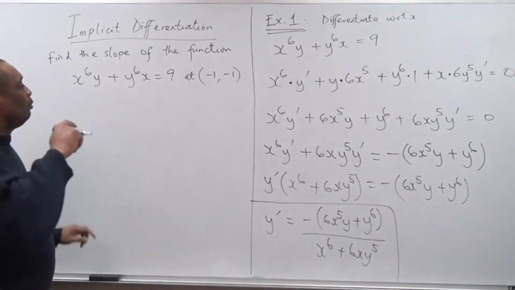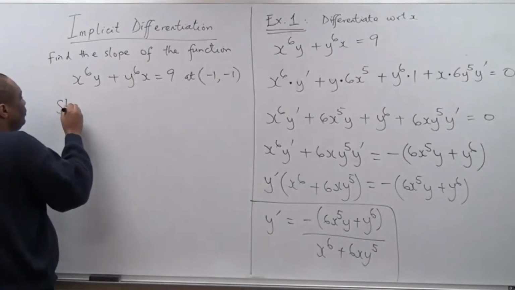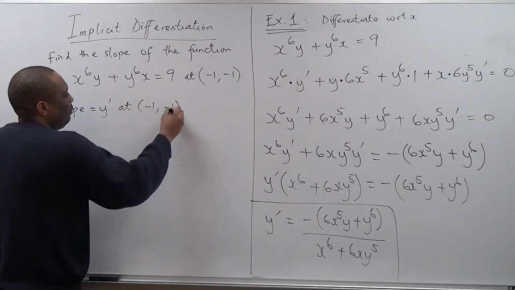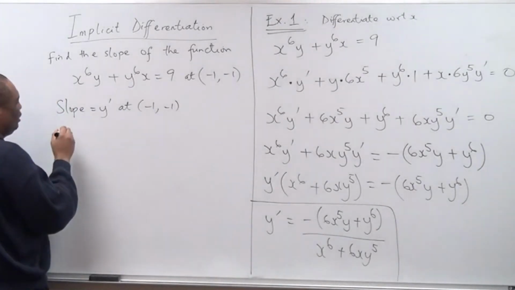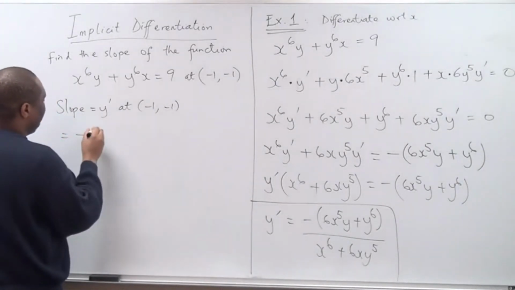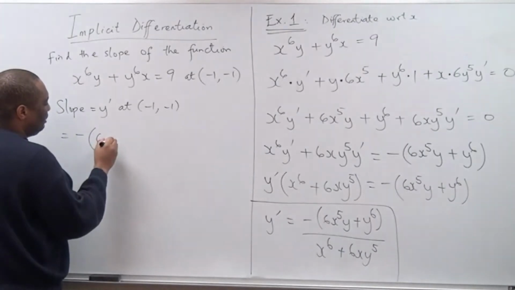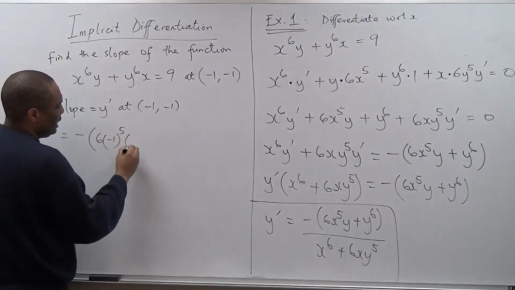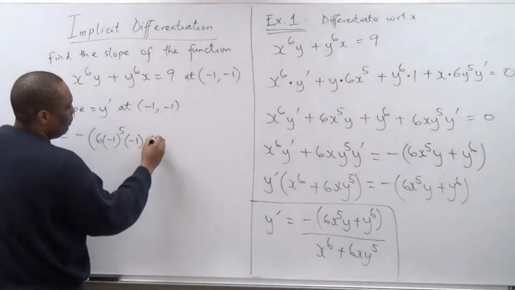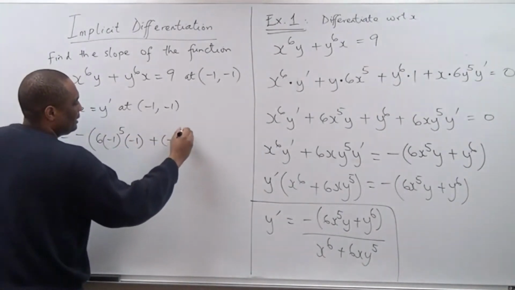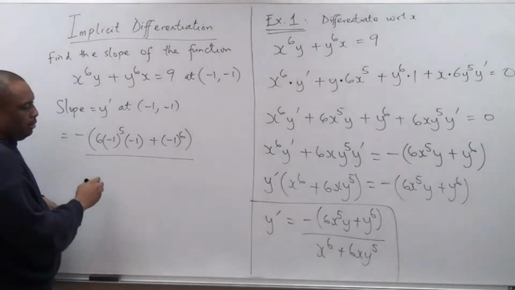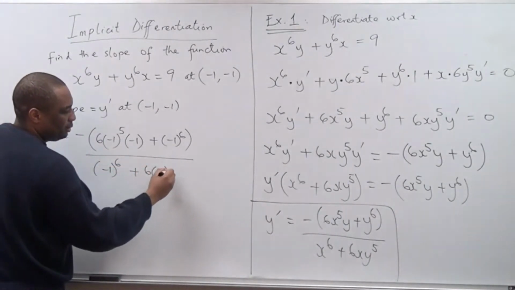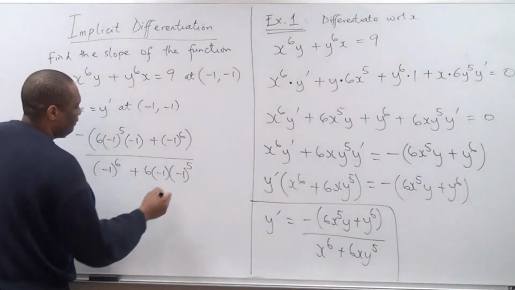So now the slope will be y prime at (-1, -1). So that will now be what? The slope will now be negative 6 times (-1) to the power 5 times (-1) plus (-1) to the power 6 all over (-1) to the power 6 plus 6 times (-1) times (-1) to the power 5.